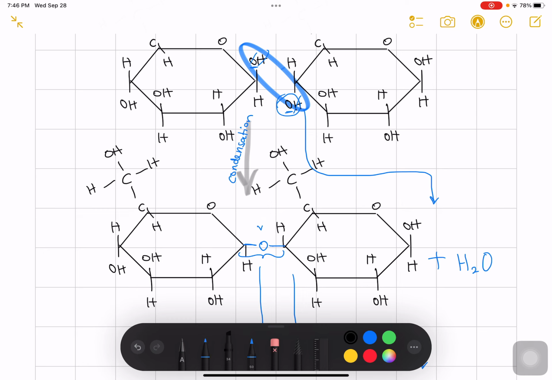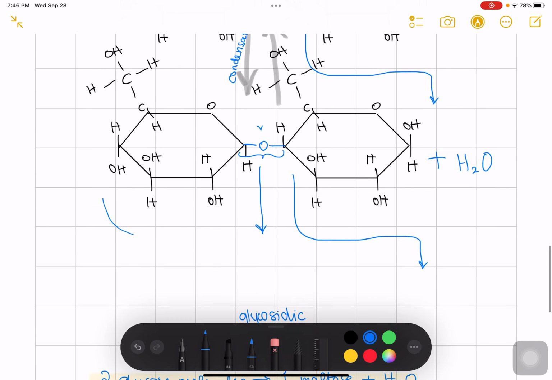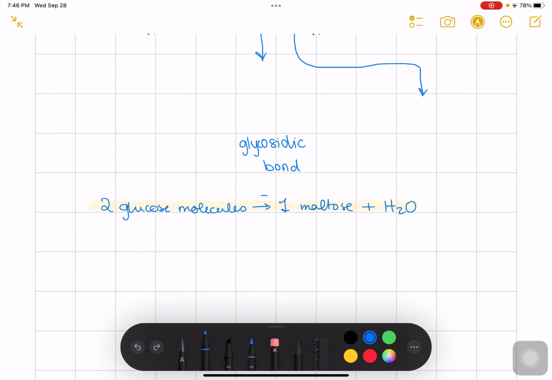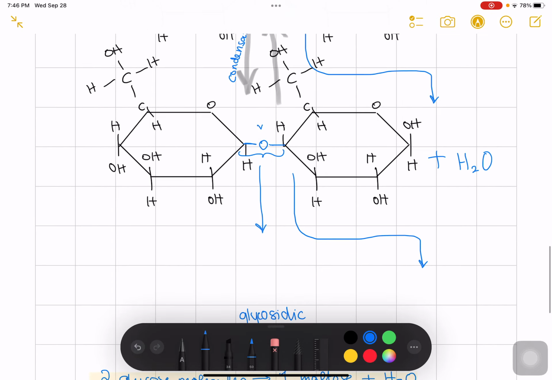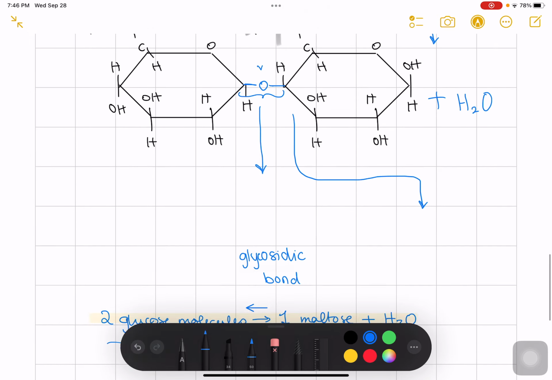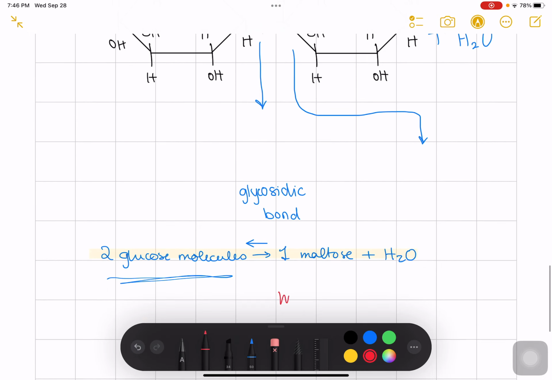But if I go the opposite direction, if I'm going from this bonded maltose, so I'm going from maltose to glucose, and adding water to the maltose to get two glucose molecules, that, my friends, would be hydrolysis.